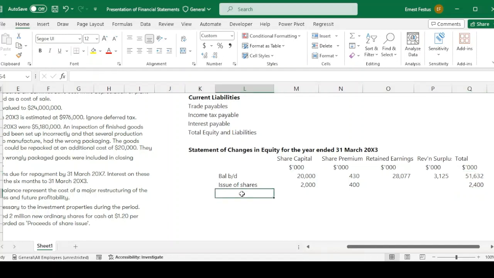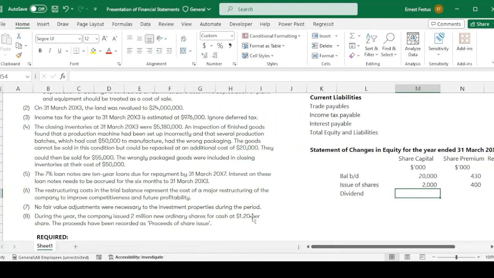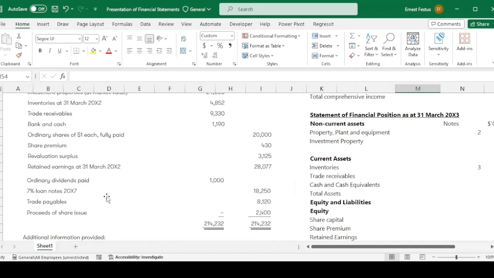And then the next thing is dividend. Dividend also comes here. So if there is any dividend payment for the year, we are going to deduct that from our retained earnings. Remember that dividend is paid out of retained earnings. So if there is any dividend payment, we'll subtract it. So let's go to our trial balance and see if there is any.